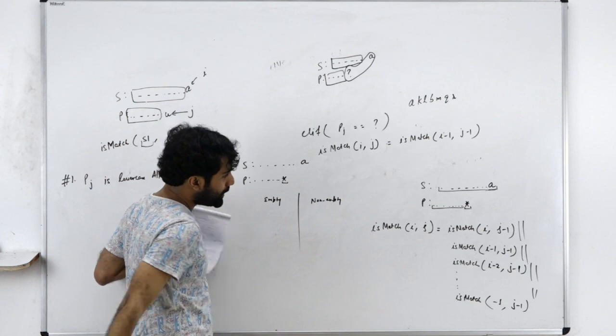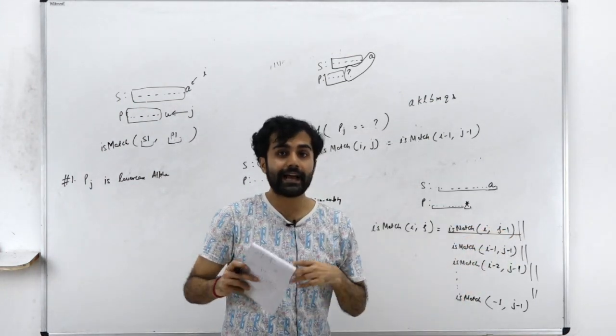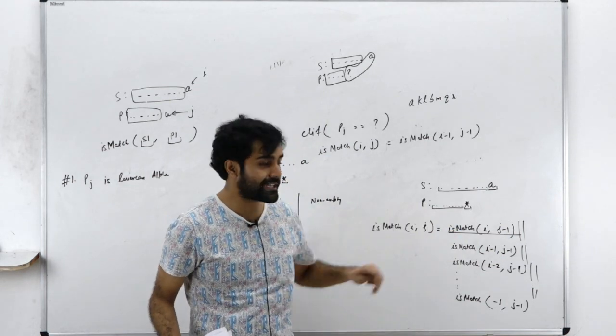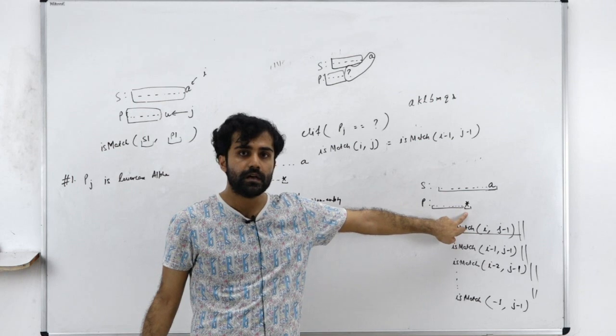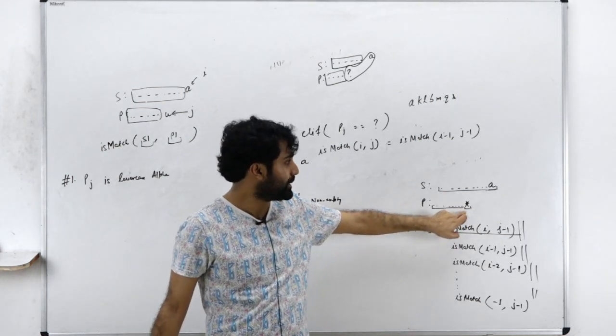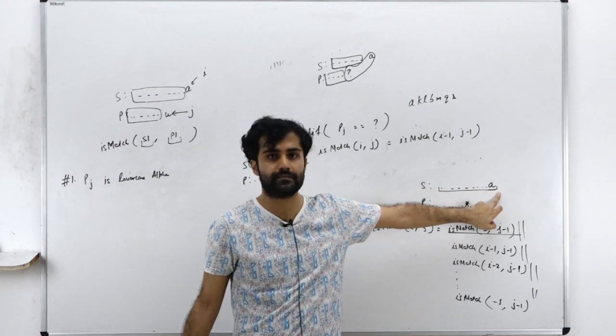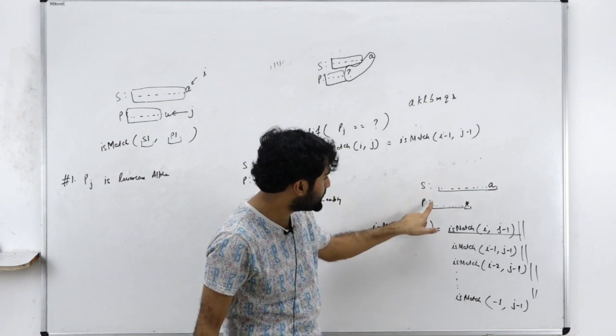This is the call that I am making to this isMatch function when I am considering its contribution to be empty. Because I am considering its contribution to be empty, I am reducing j, but I am keeping i wherever it is, and then I am attempting to match this much of string S with this much of pattern P.